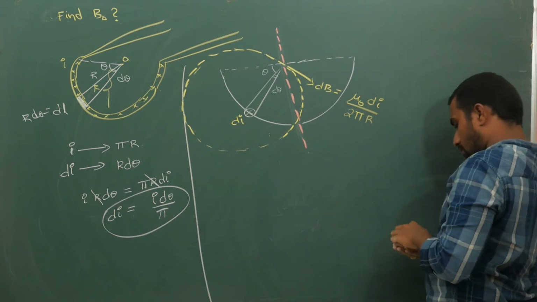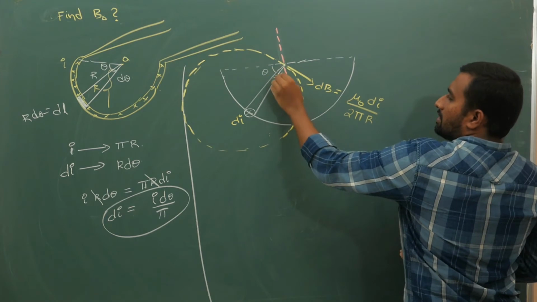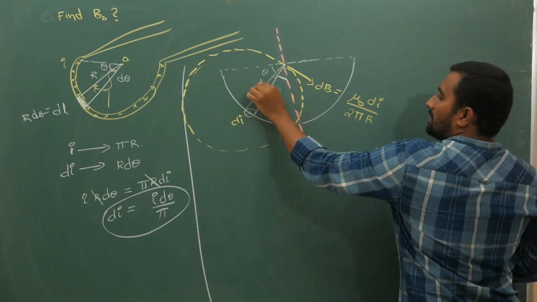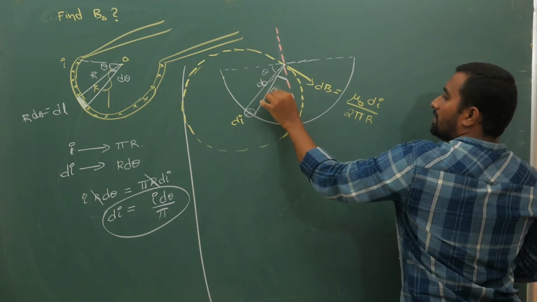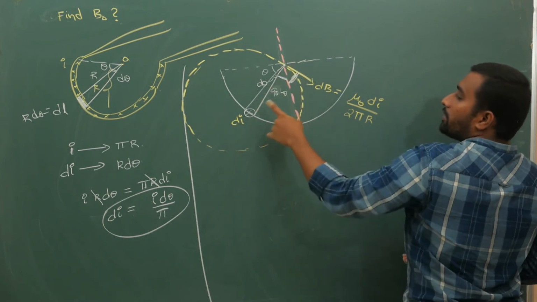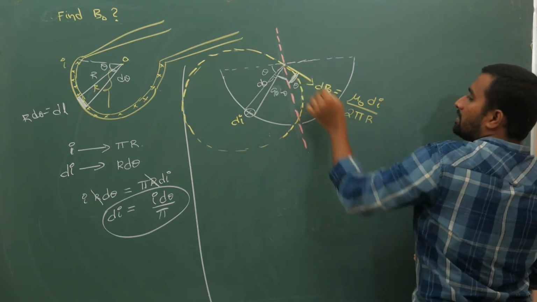So small part I have taken, and this angle is d theta, this part is 90 minus theta, this part is once again 90 minus theta, radius is perpendicular to tangent, this is going to be theta.